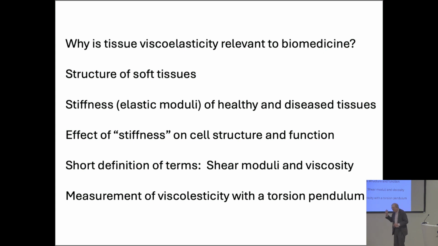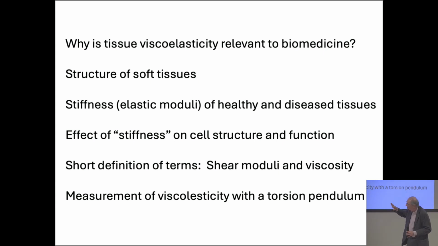The definition of what stiffness means is kind of a loose, everyday idea, but quantifying exactly what we mean by stiffness is not so simple. It has elements of elasticity and viscosity mixed together in a complex way, and both of those things will influence the way that cells react in a tissue.